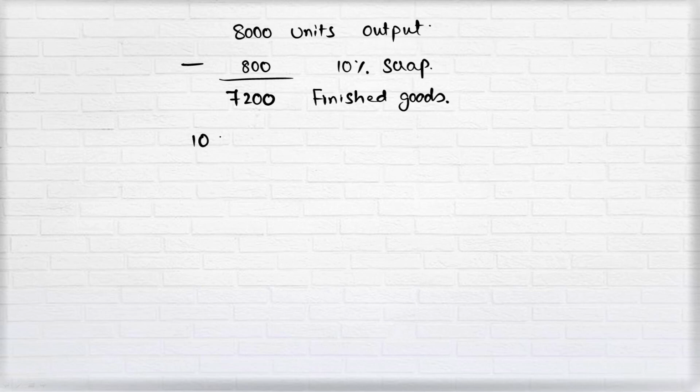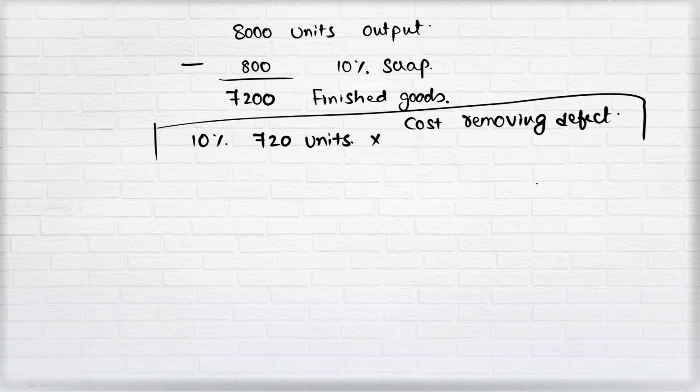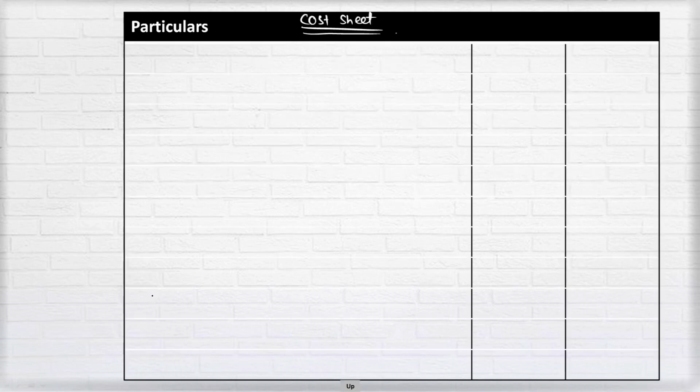What is 10% of finished goods? 720 units were having some defect. And to remove that defect, you would be having cost for removing the defect. And what is the cost is 20% of labor cost is required. That we will be finding out.